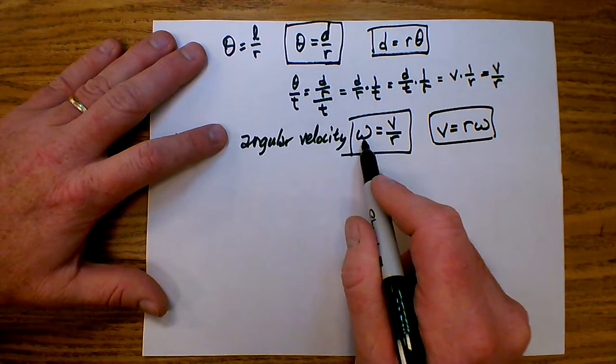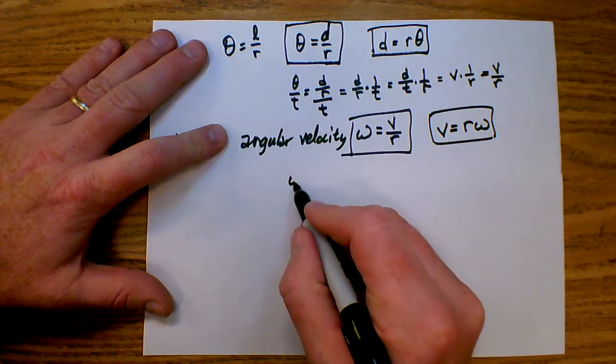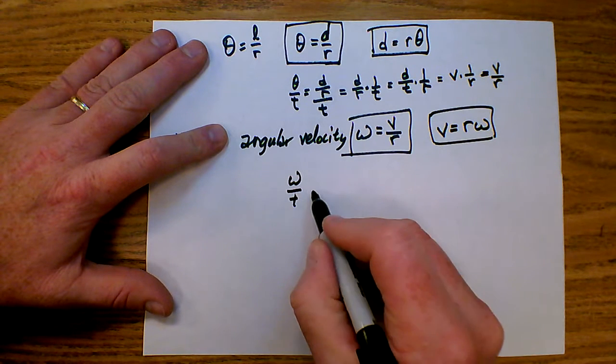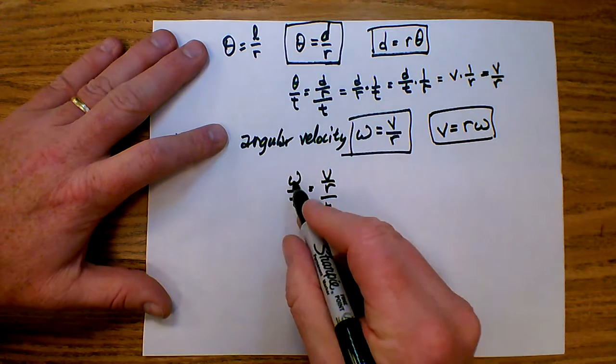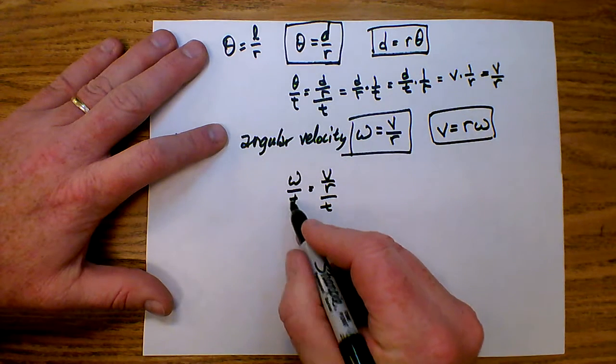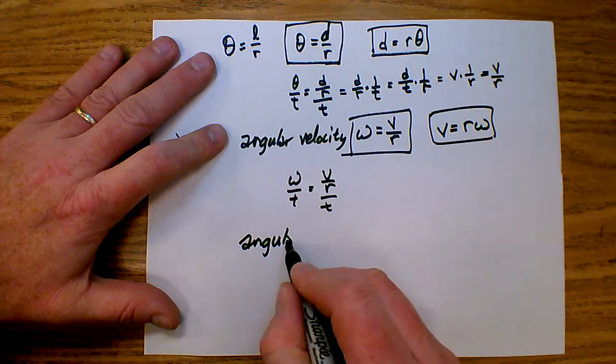Now, if I take the time derivative of angular velocity, or if I divide it by time, again I have v over r over time. Now, the change of angular velocity in time is going to give me the angular acceleration.